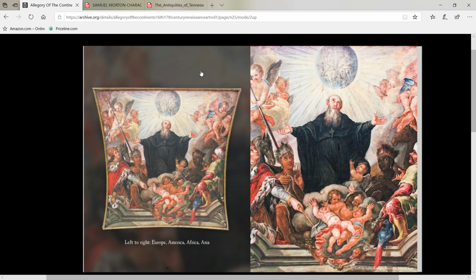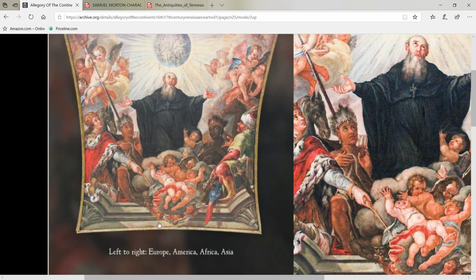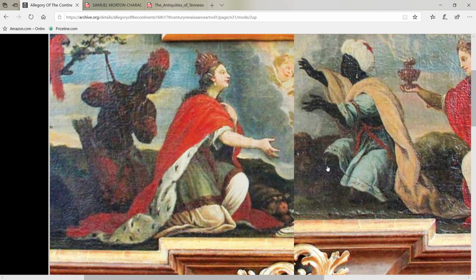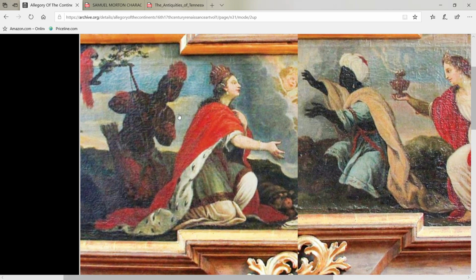And right here we have this image. It says from left to right, Europe, America, Africa, Asia. So this guy is from Europe. This person is from America. This person's from Africa. And this is Asia. See, America right here. This is America right here with the bow and the arrows.